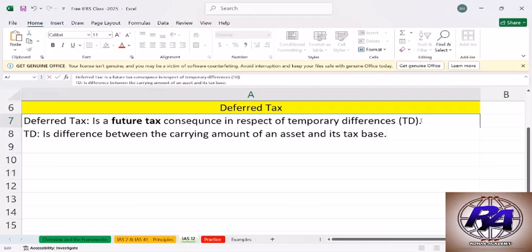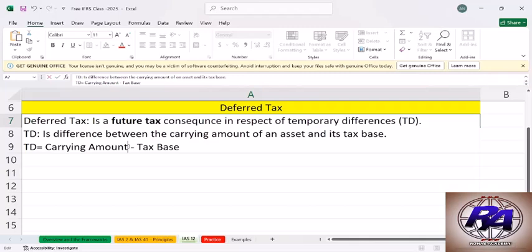In other words, algebraically we are saying that temporary difference is equal to our carrying amount minus our tax base. The difference between carried amount and tax base is what we call temporary difference. Now, how do we derive our carried amount?